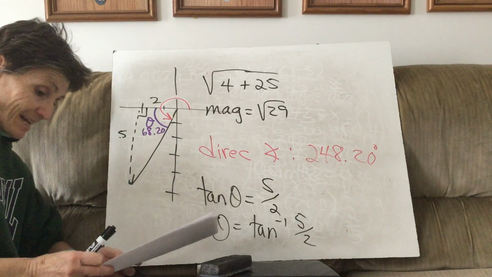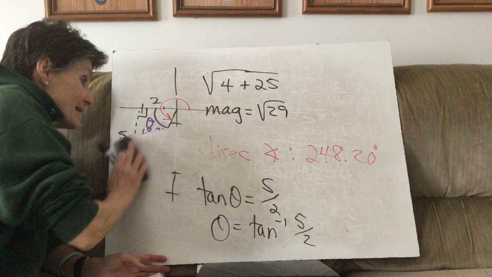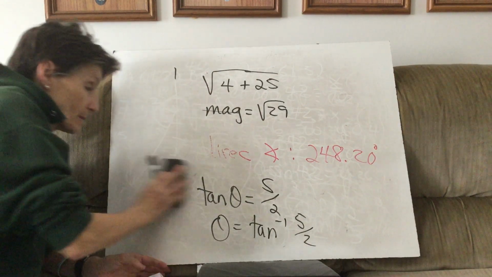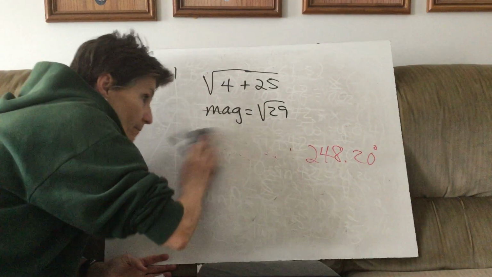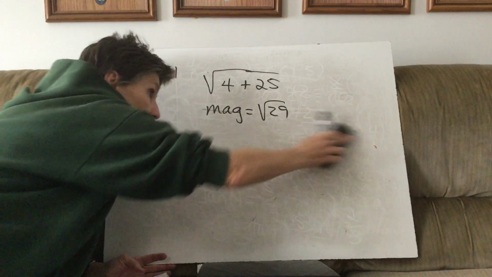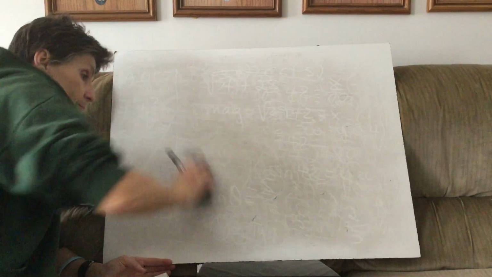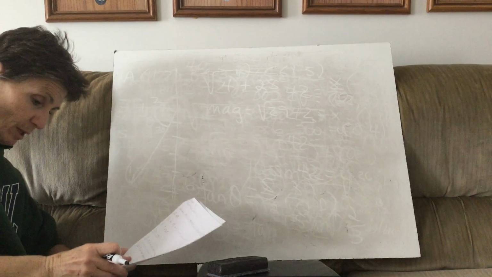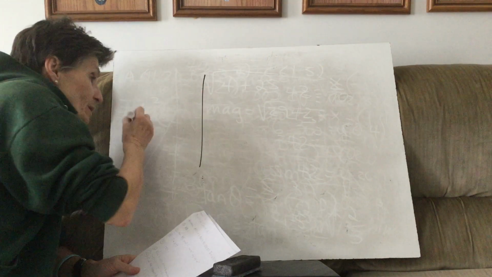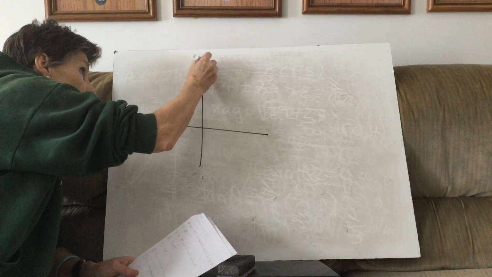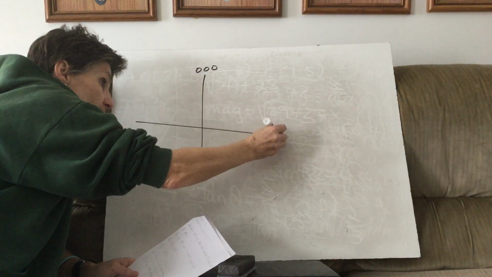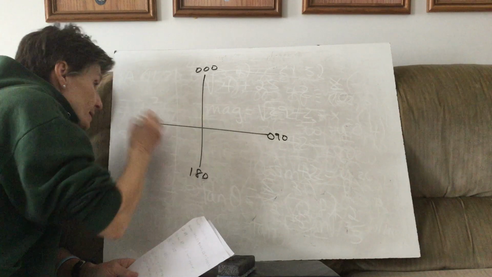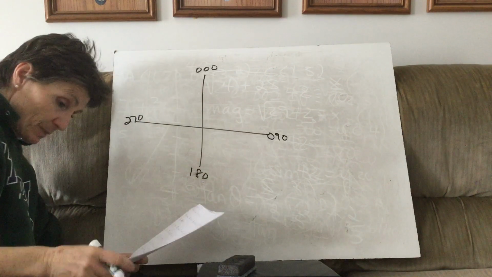Then it says sketch the vector representation of the course of an airplane on a bearing of 220 degrees. Okay, so here's our compass. This is 0. This is 90, 180, 270.